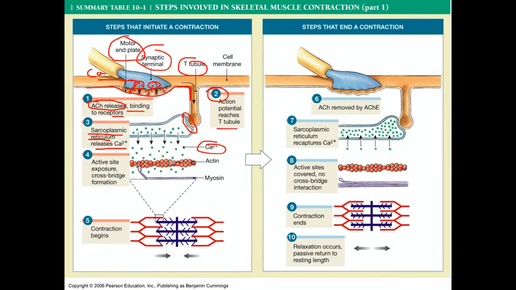And now in your mind, we know what actin has. Actin has those regulatory proteins, troponin and tropomyosin. If calcium comes in there and goes after troponin so that tropomyosin shifts, then the binding site becomes exposed.